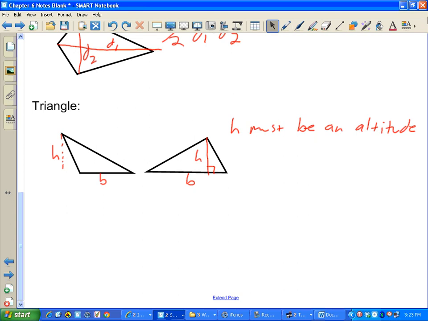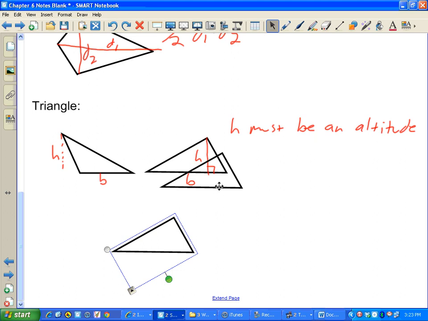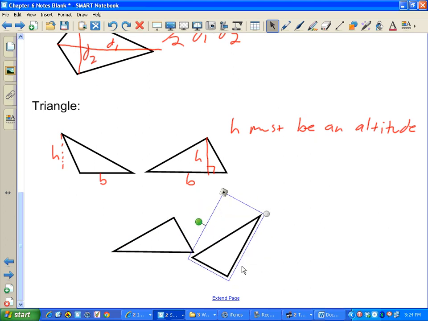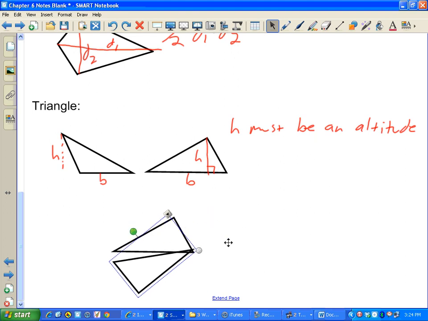Because if I duplicate the same triangle, okay, so if I take two triangles and line them up, together they'll make a quadrilateral. So that means the area of one triangle is only half the area of a quadrilateral that would be made by doubling it. So that's why the area of a triangle is 1/2 the base times the height.